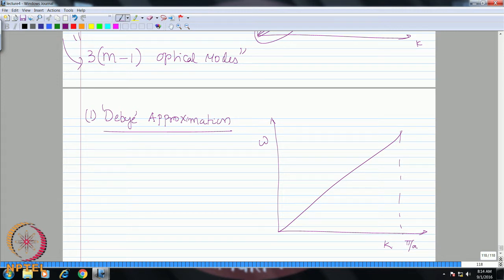The corresponding value of omega, which will reach the maximum at k equal to pi by a, is called the Debye frequency. And this is for the acoustic modes. In fact, you can make a similar approximation for all the acoustic modes, the longitudinal and the transverse.